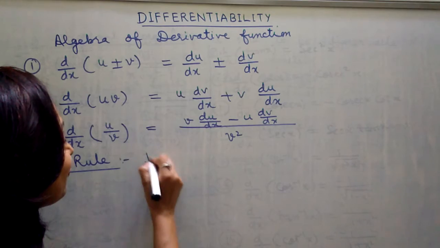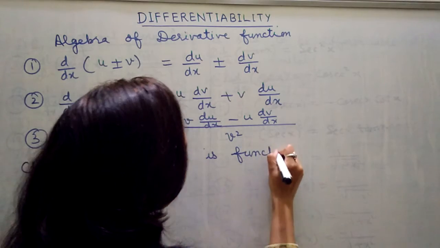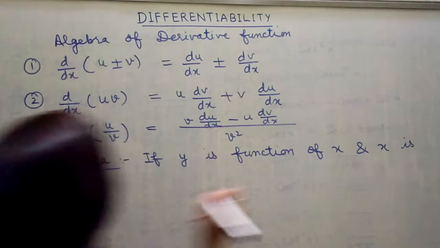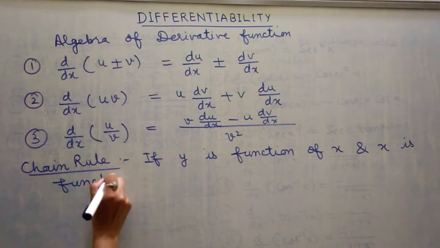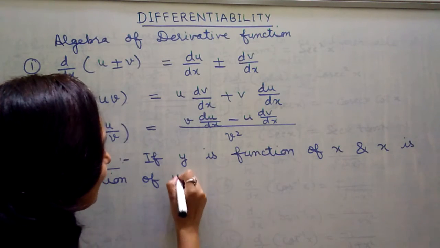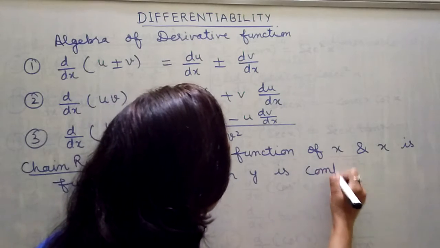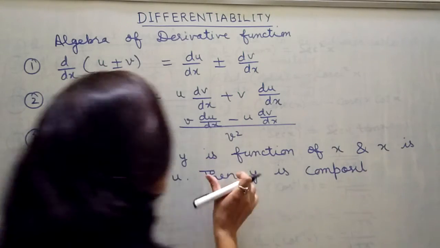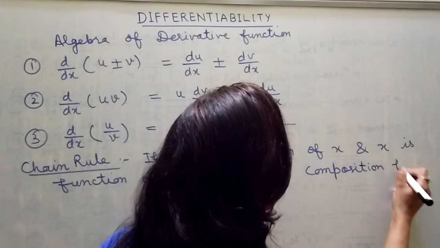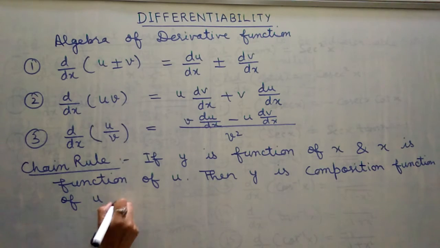The chain rule is, if y is a function of x and x is a function of u, then y is a composition function of u.